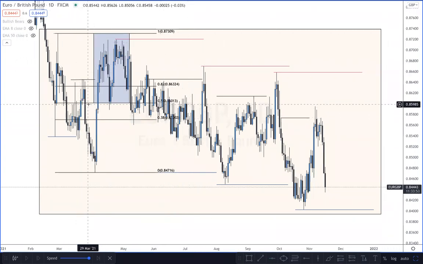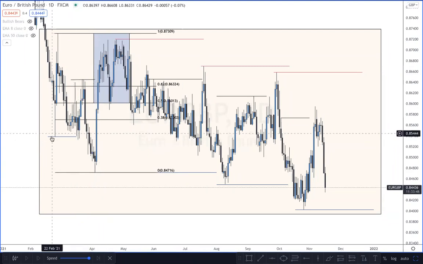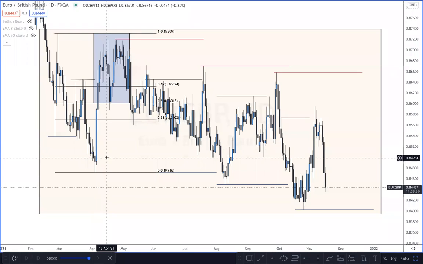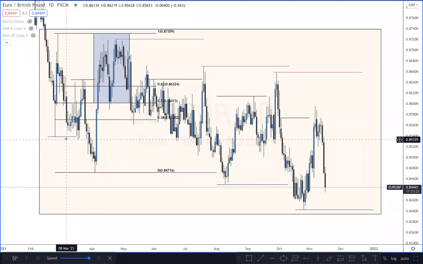Everywhere below this 50%, if I have any buy setup around this region, immediately I break this blue, I break this low, every sell setup that I see below this low, I'm not going to take it. As a smart money trader, I am going to be disciplined and allow myself not to take any sell setup that I get below this low.